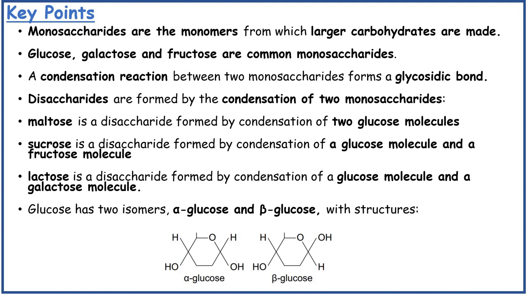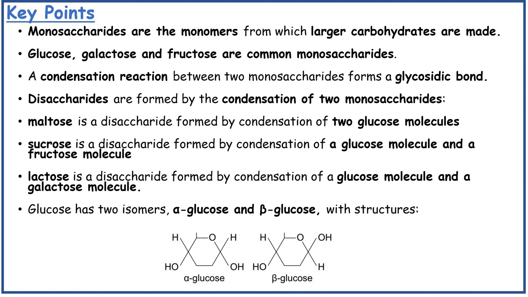So the key points from this lesson are: monosaccharides are the monomers from which larger carbohydrates are made. Glucose, galactose and fructose are common monosaccharides. A condensation reaction between two monosaccharides forms a glycosidic bond.